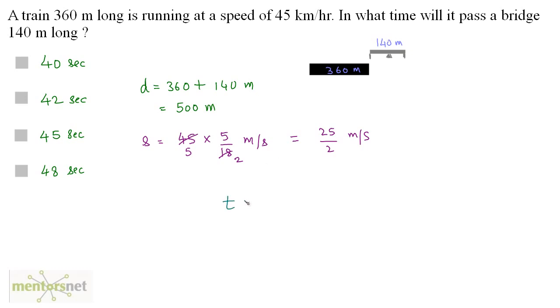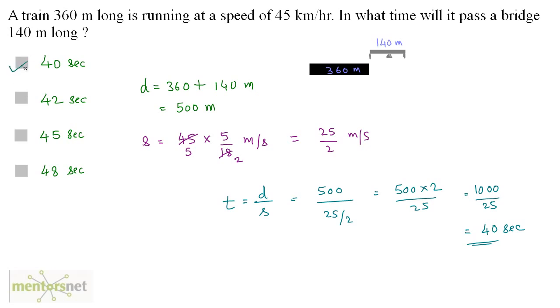So time is equal to distance upon speed. Distance is 500, speed is 25 by 2, and that's 500 times 2 by 25. That's 1000 by 25, and that is equal to 40 seconds. So option 1 is the correct answer, 40 seconds.